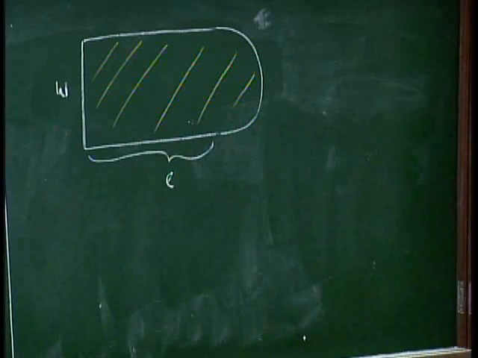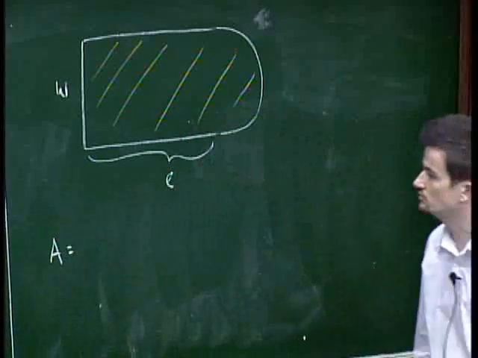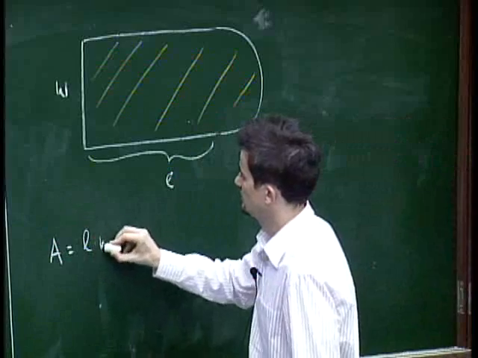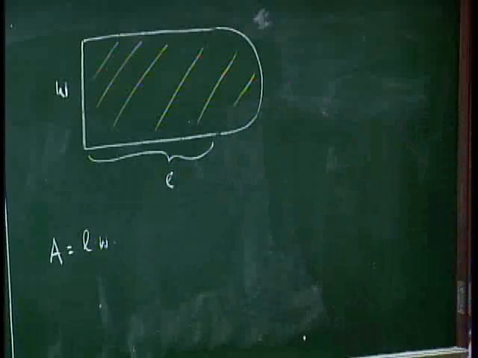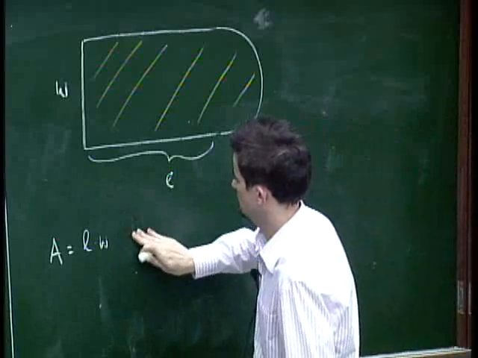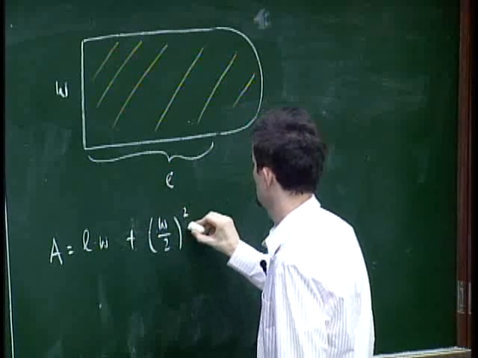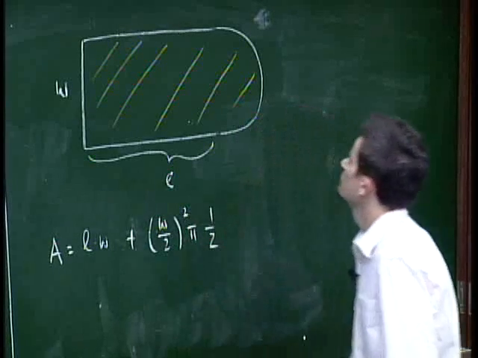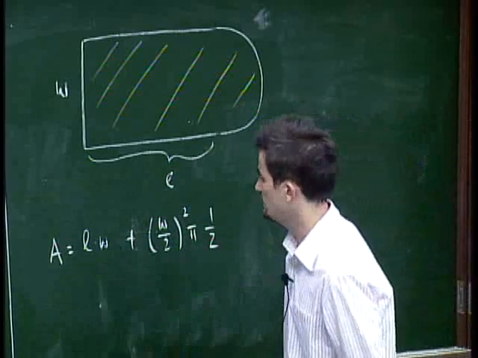So here we are interested in the area. The area is equal to L times W plus the area of a semicircle. So this is the area we want to maximize.